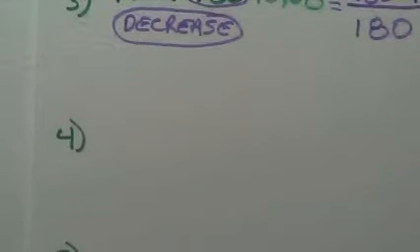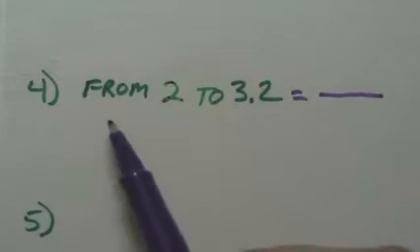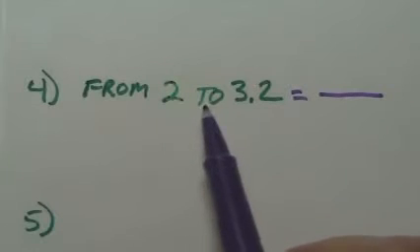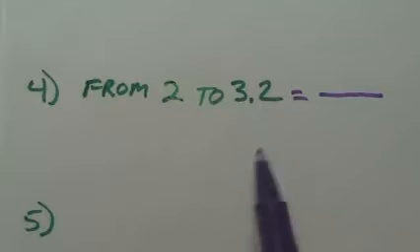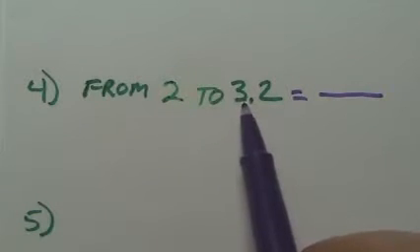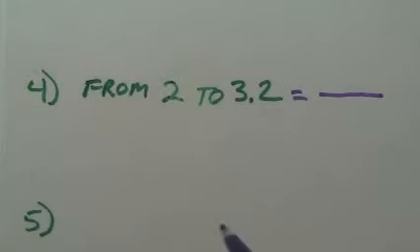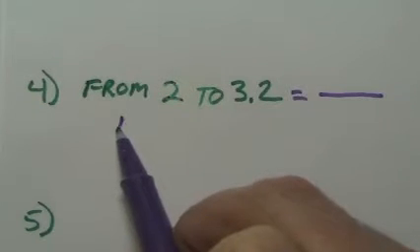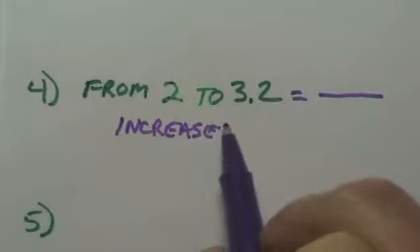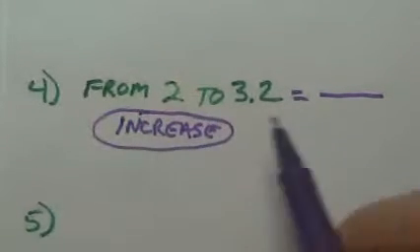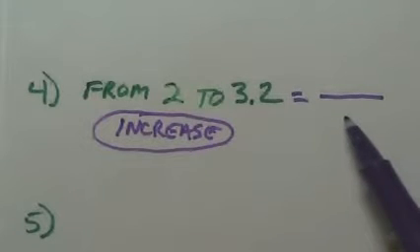All right, let's do number 4. Number 4 is from 2 to 3.2. Well, if we go from 2 to 3.2, is that an increase or a decrease? Okay, so I set up my fraction.